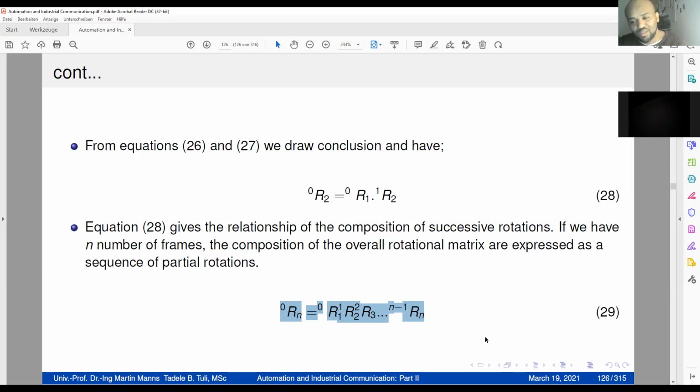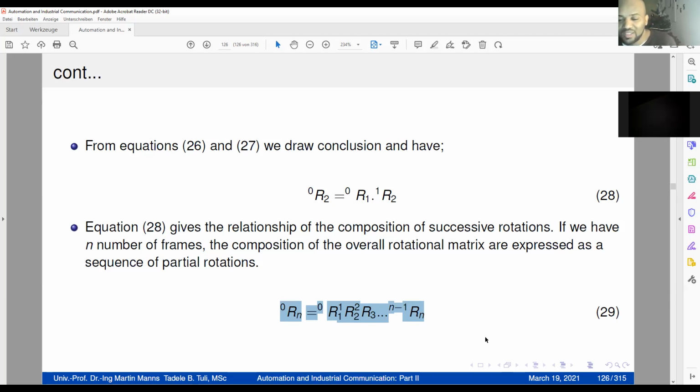So this time the consecutive or successive rotational matrices can be multiplied sequentially: one multiplied with the second, the third, the fourth, the fifth, then with n. The multiplication of all these rotational matrices will give you one cumulative rotational matrix, which you call 0Rn.